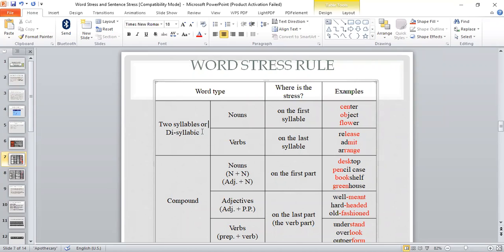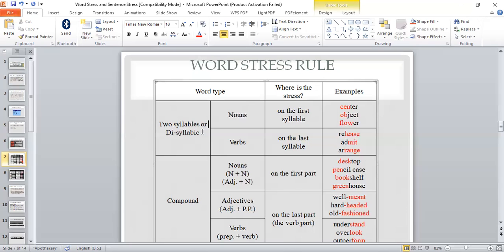And from the words that I have exemplified, for nouns we have center, object, flower. And for the verbs we have release, admit, arrange. You realize that while I'm pronouncing them, the pitch, the length, everything comes together to give us the right pronunciation of those words.